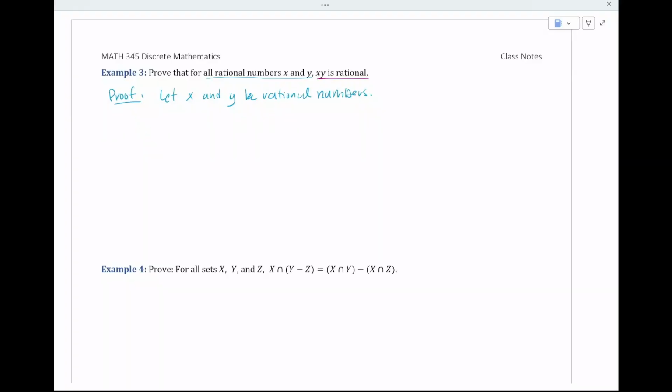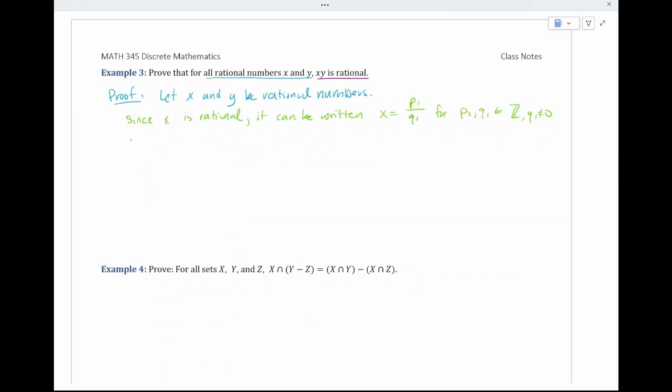Since x is rational, it can be written x equals P1 over Q1 for P1, Q1 in Z, and also Q1 can't be 0. Can't have 0 on the bottom. That's what it means to be rational. So here we're seeing a definition.